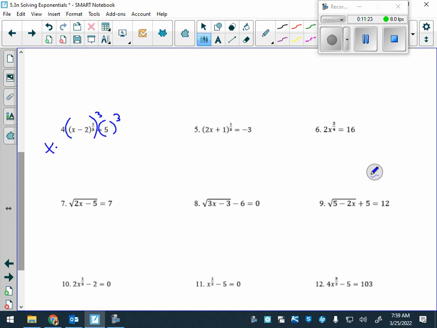So we have x minus 2 equals what? What is 5 cubed? 125. Good. And then what do we do? Yeah. Add 2. Good. Excellent.